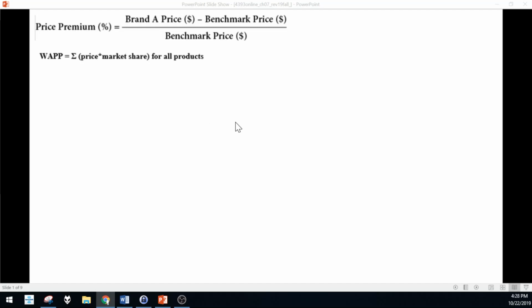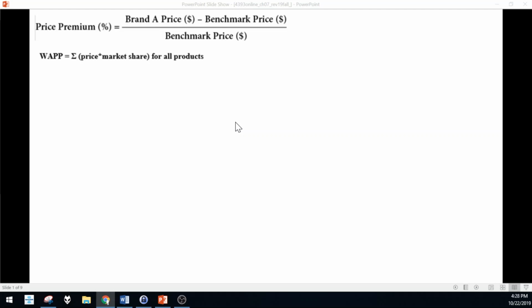The first formula that you need to understand is what's just called price premium. So price premium is just the additional price of certain products compared to others. Typically what you do in pricing analysis is you compare your price to some benchmark price.